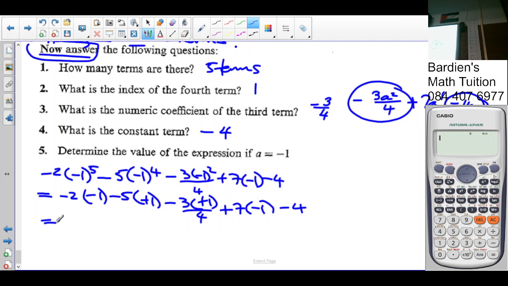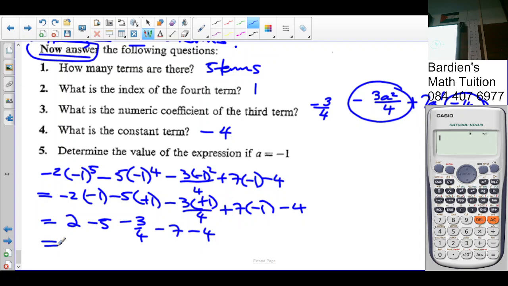So what's negative 2 times negative 1? Positive 2. What's negative 5 times positive 1? Negative 5. What's negative 3 times positive 1? Negative 3 divided by 4 is negative 3 over 4. 7 times negative 1? Negative 7 minus. So 2 minus 5 is negative 3. Use your number line.